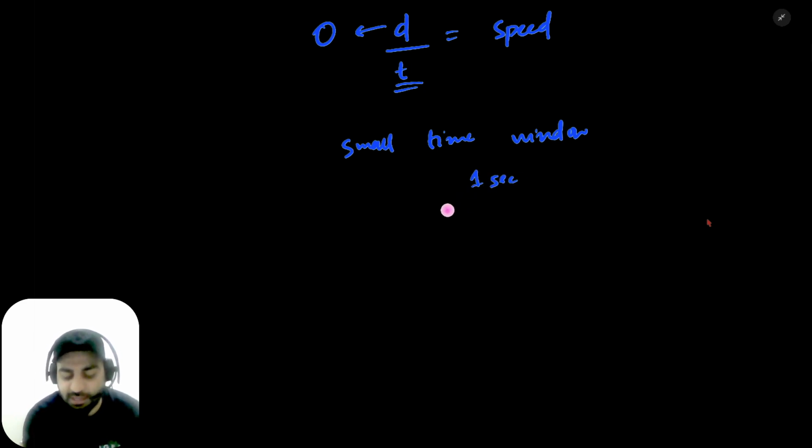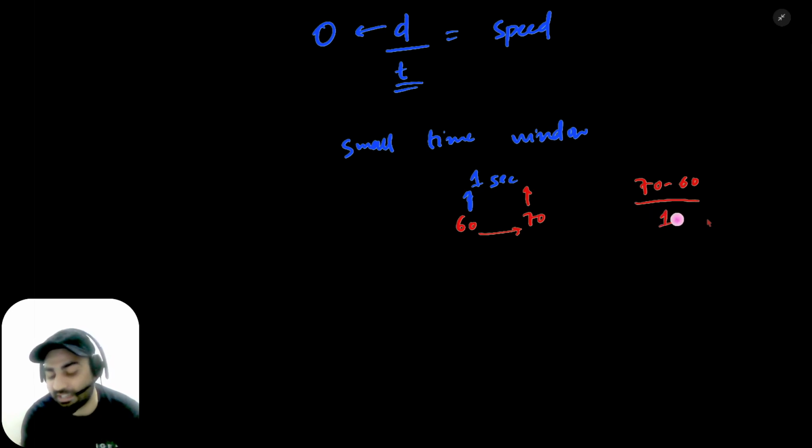At the initial point, they measure the distance, let's suppose the distance covered till that point was 60. In 1 second the distance covered was 70. So they say the change in distance is 70 minus 60, and in total it took 1 second. Then they call the speed of the car 10, let's suppose 10 meters per second.